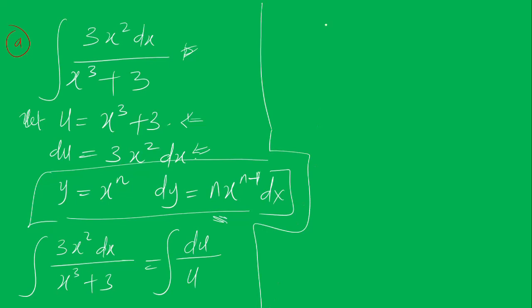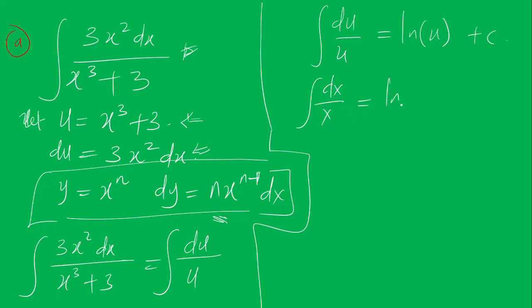Now if you integrate this, it will give you a natural log plus a constant. We are using this integral rule where you have dx all over x; the integration of dx all over x is natural log of x plus c.